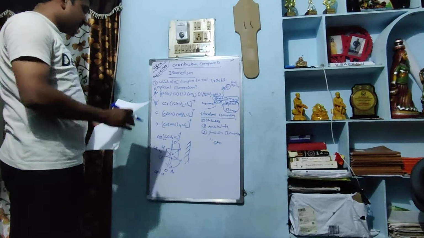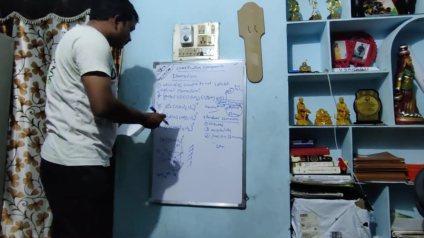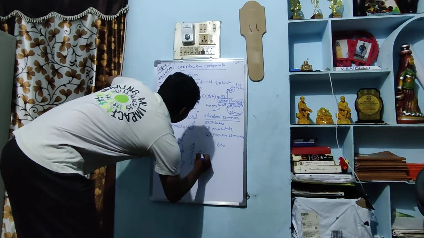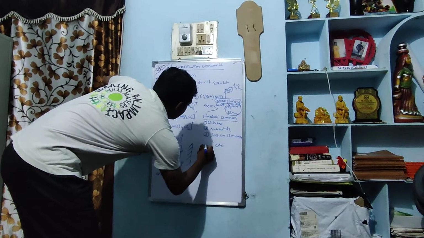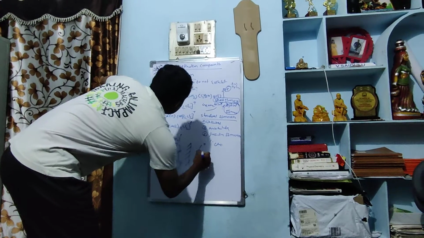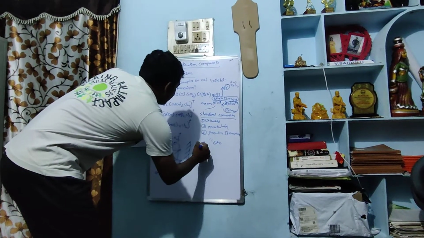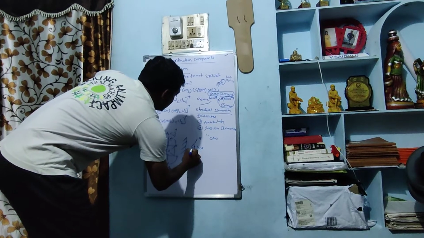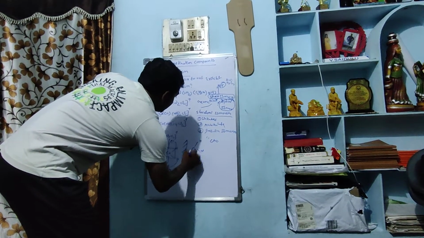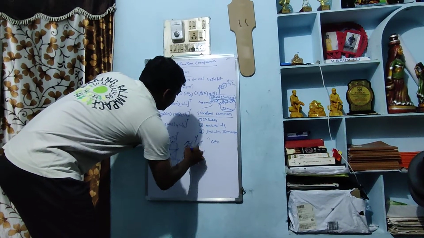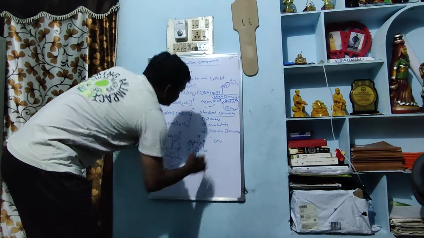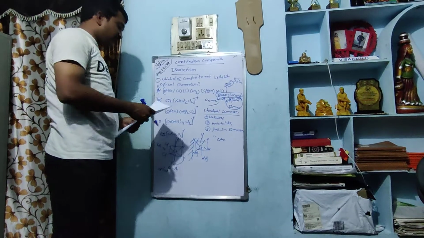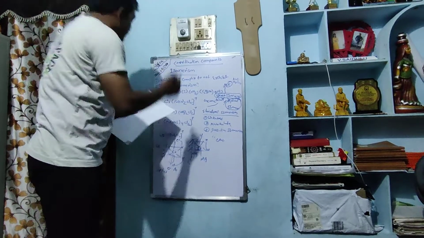Next we have to consider the next option, cobalt diamine diammonium dichloride. If you consider this one, there are two different types. One is cis form.